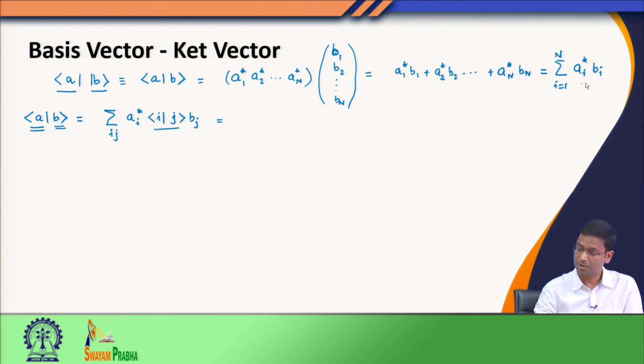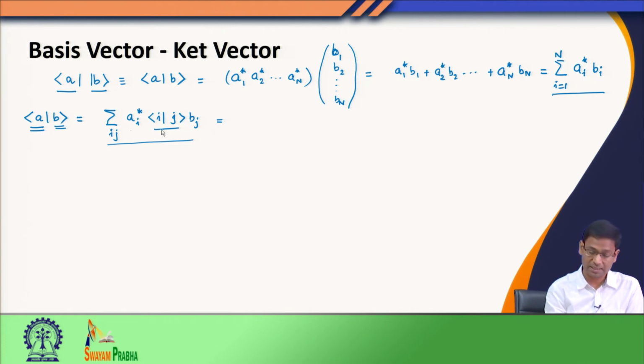So, when I look at the result from the first line and compare over here, what do I see? Here I will have a summation of A i star B i, but here I have A i star and B j. So, here I would have only n number of terms, but if I take all general values of i and j, I will have a greater number of terms in this summation.